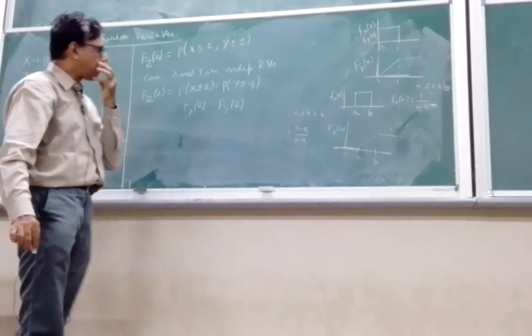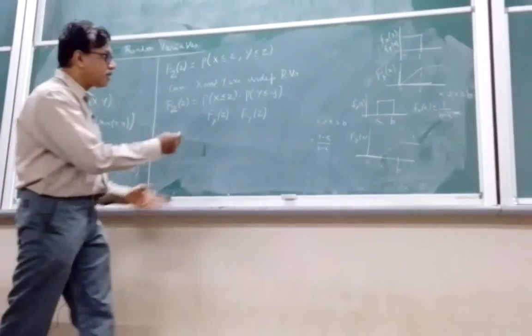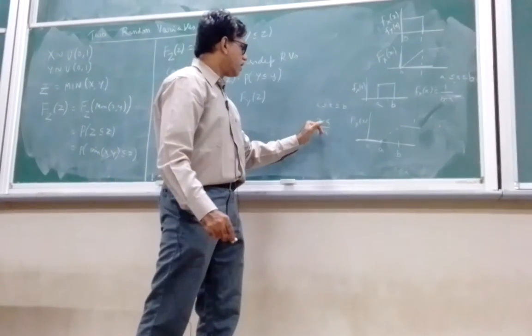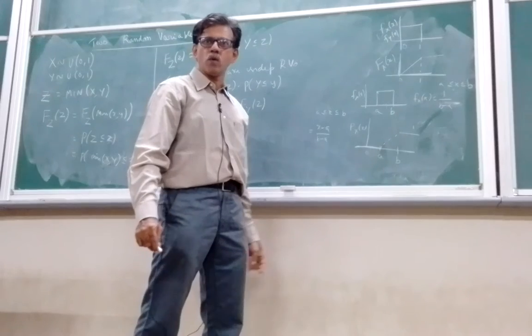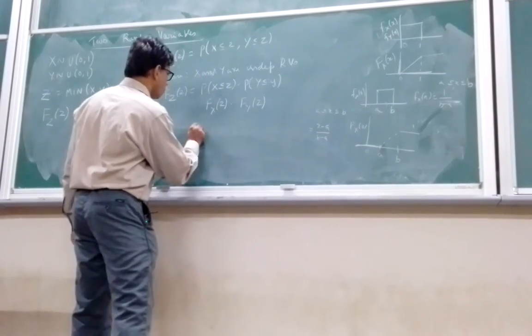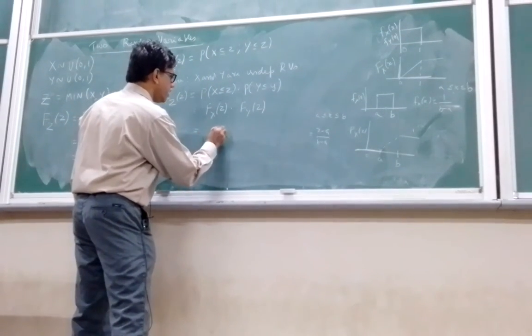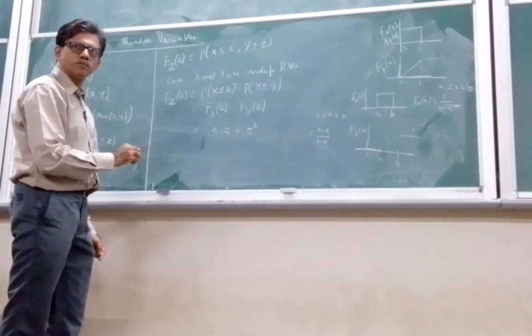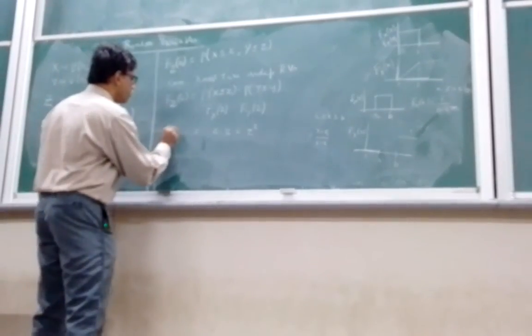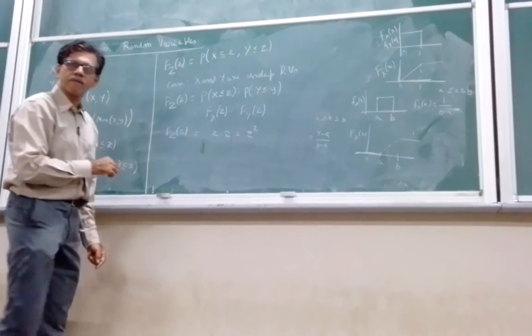This is the general one. So in this case a is 0, b is 1. So it is just x by 1, it is x. So what we have is z into z, that is equal to z squared. That is F_Z of z.